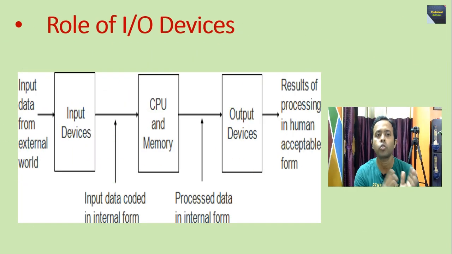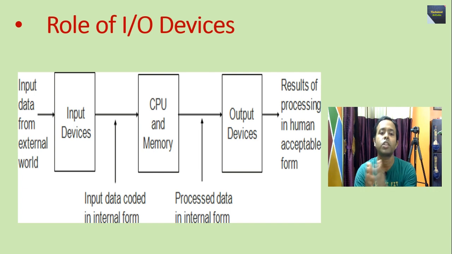Now the next topic is the role of I/O devices. So we know I/O devices means input-output devices, like the input unit and the output unit. Input devices take the input data from the external world, in a human acceptable form, right? And then it goes through the input unit, and whatever data we are inputting should be coded in internal form, means in machine language, through which the computer can understand that language.